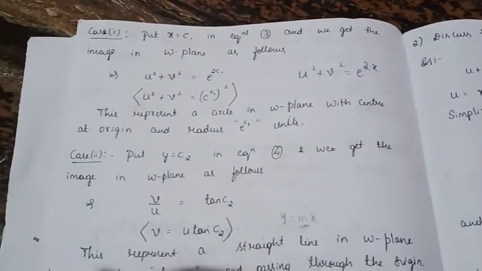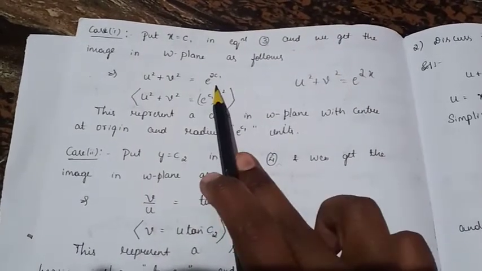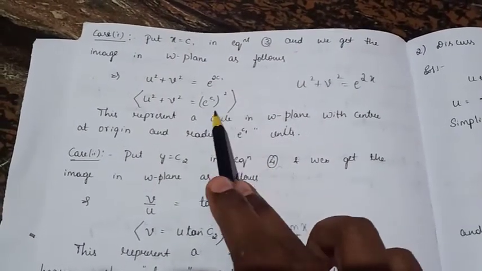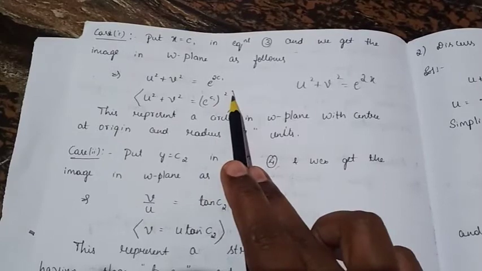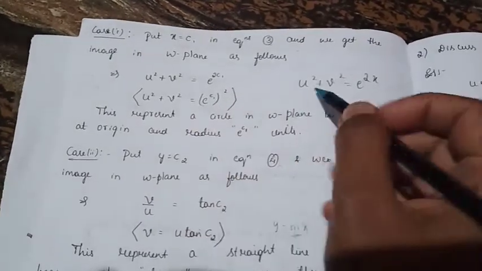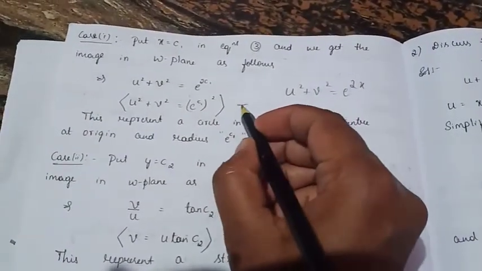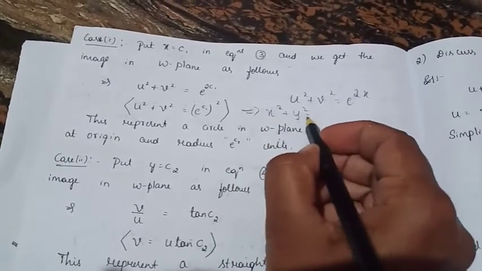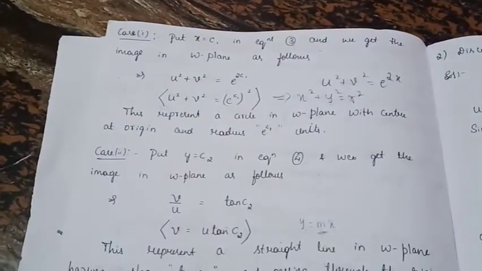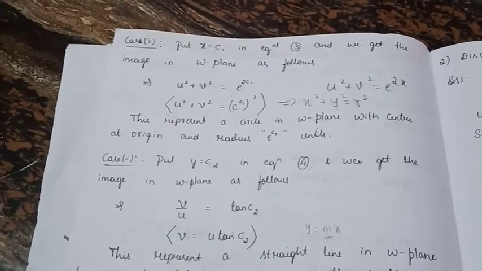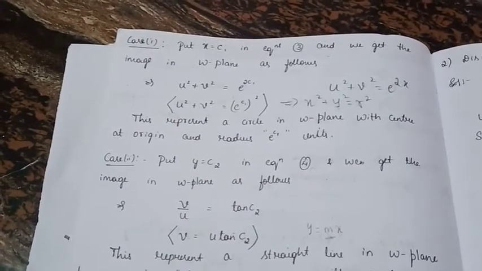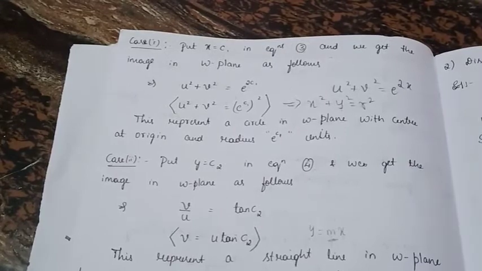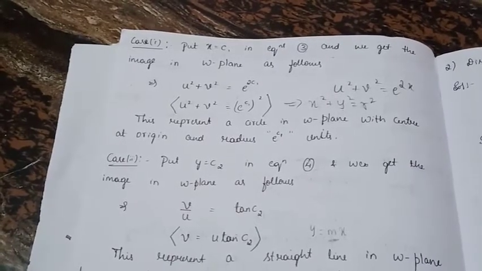In the place of x, I'm substituting c1. You get e power of 2c1, which can be written as (e power of c1) square. And this is in the form of x square plus y square is equal to r square, which represents a circle with center origin, where e power of c1 represents the radius of the circle.